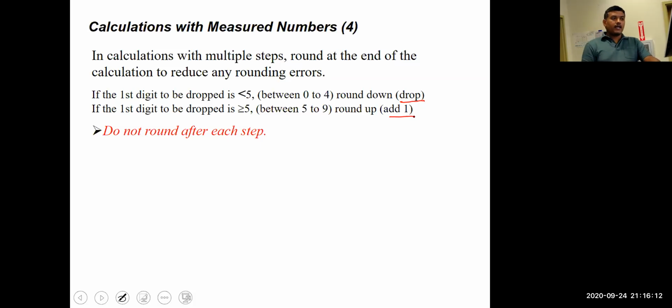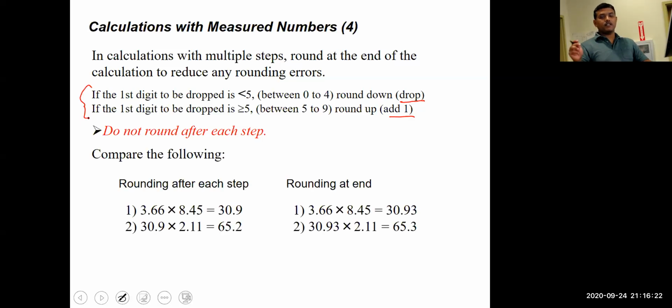So again, let me warn you to not use these two rules when you are in the middle of the calculations. You need to wait until you finish the series of calculations. Here you can see why. Let's say you start rounding after each step to only 30.9. You don't have the next number in this calculation here. And you do the next calculations with the rounded number, you end up with 65.2.